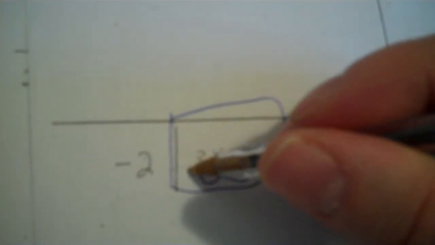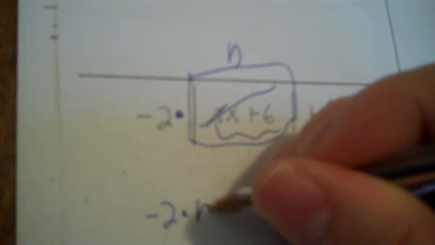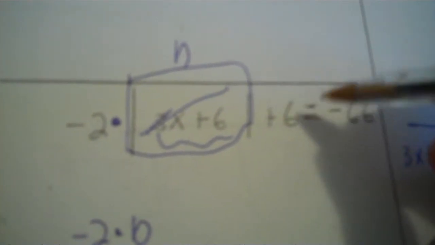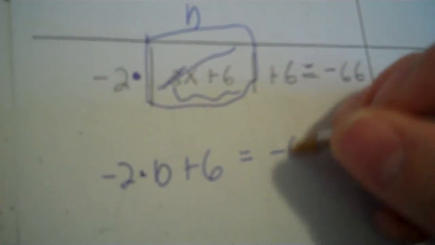Okay, last problem. Within the absolute value function, we have 3x plus 6. Okay, now replace your entire absolute function with d. Remember, this is times here. So you have negative 2 times d. Then after the absolute value, we have plus 6 equals negative 66.